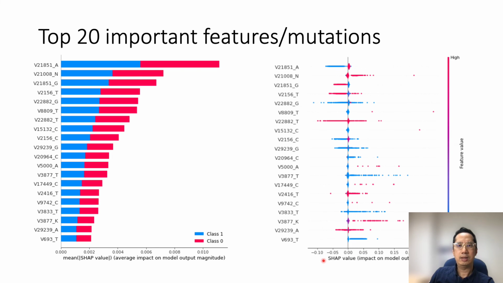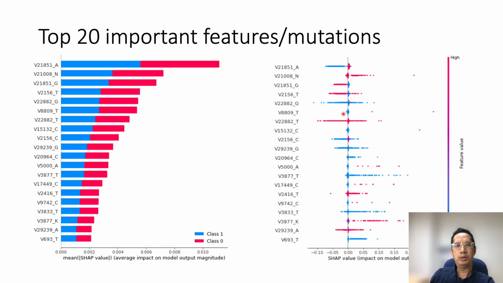First, the x-axis stands for the SHAP value, which is the impact on model output from a single feature. And the scale here just represents the value of the feature, because of our encoding method we only have two kinds of possible feature value.